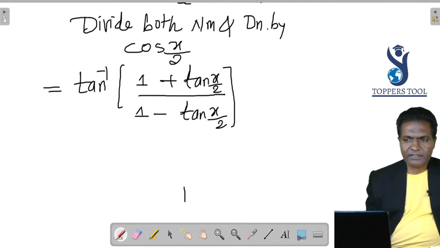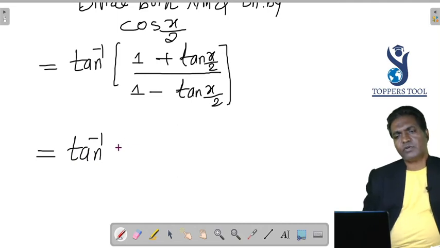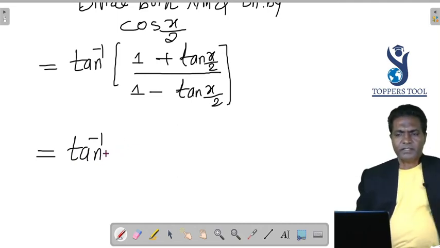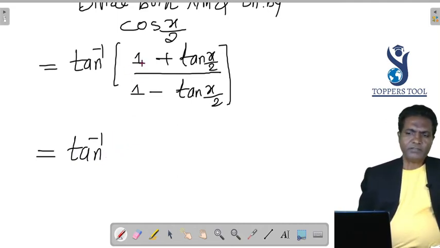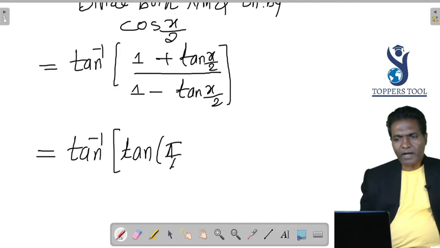Now see here, this can be written as tan inverse of, okay, so it is in the form of 1 plus tan x by 1 minus tan x, and which is nothing but tan of pi by 4 plus x by 2.